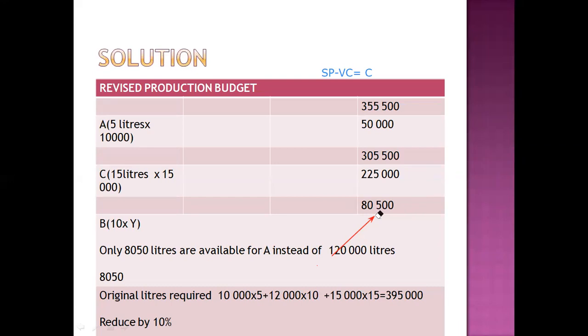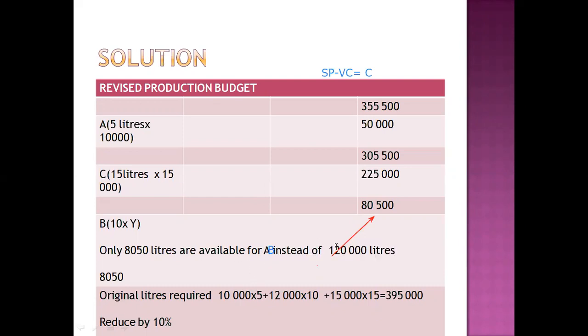We can only produce 8,050 units of B instead of the required number of units for B. Remember, this is B. Let me just remove this one for you. This must be a B. Okay, let me try to write B in this case. It's not an A, it must be B.